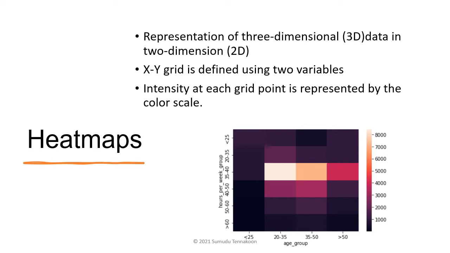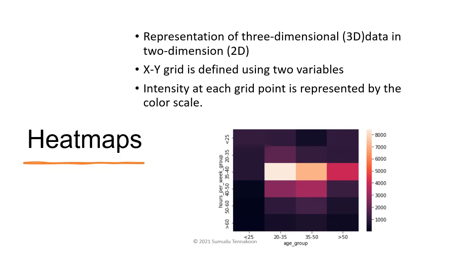Then the heat maps. Heat maps are also a technique people use to represent 3-dimensional data in 2 dimensions. It is also a very useful technique to visualize a pivot table or a cross table, right?